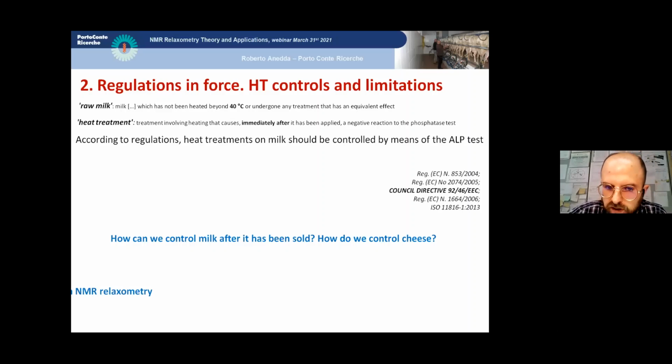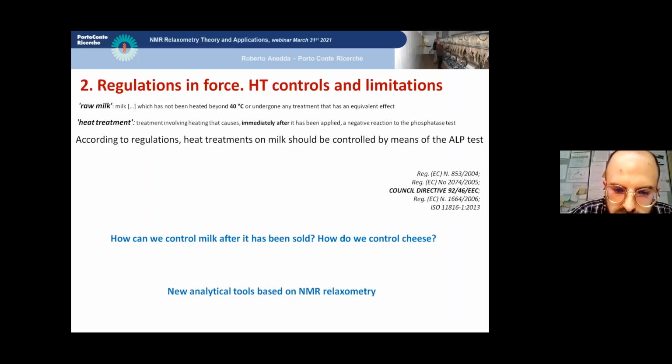We aim to provide a new analytical tool to the dairy producers and authorities. In our opinion, NMR relaxometry can be easily exploited to characterize milk as well as cheese, and the effect of heat treatments on the NMR parameters are conserved over time in these systems. I mean, they are not reversible according to our experience, as was demonstrated in ALP test.